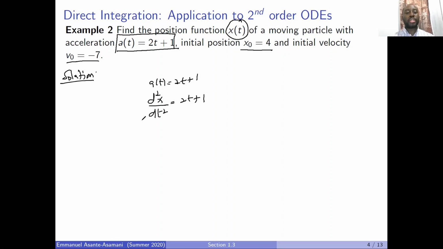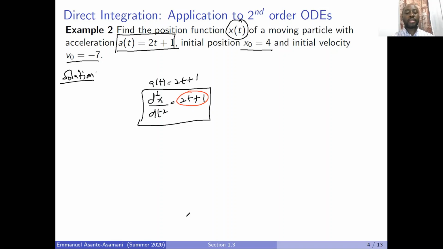Okay, and so this gives us our differential equation. All right. Now notice that this differential equation is in normal form because we have solved for the highest derivative term, and the rest of the equation is only in terms of the independent variable t. Okay, and so this allows us to perform direct integration.